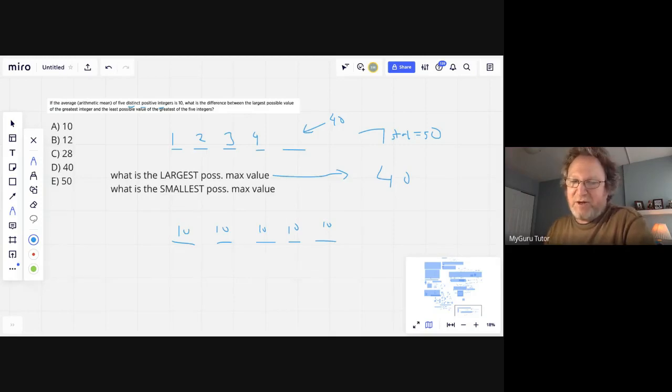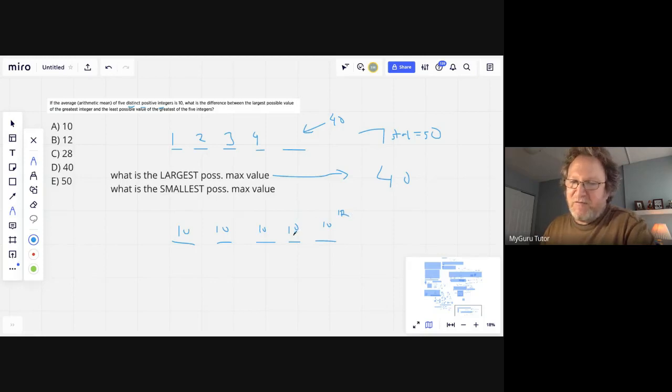We're looking to figure out the smallest possible maximum value. Well, this can't be 10, because that would be a duplicate. If the smallest one were 11, that would be a problem too, because we need to have either 10 or 11 there, which would be a duplicate. That's not allowable, right? Could be 12.